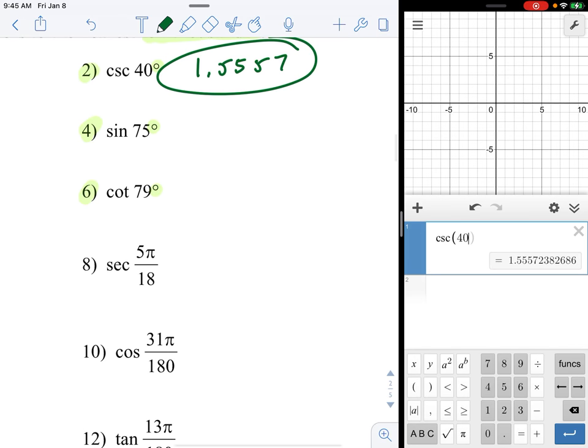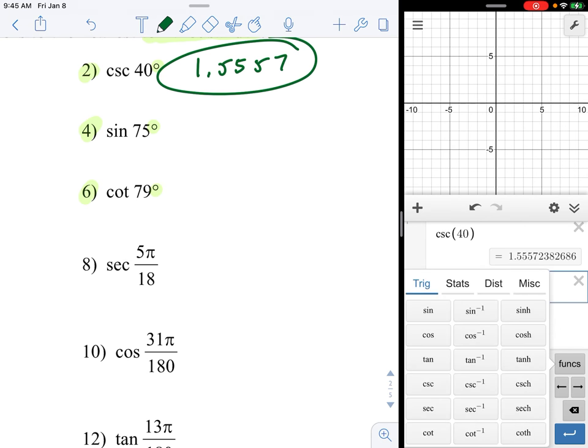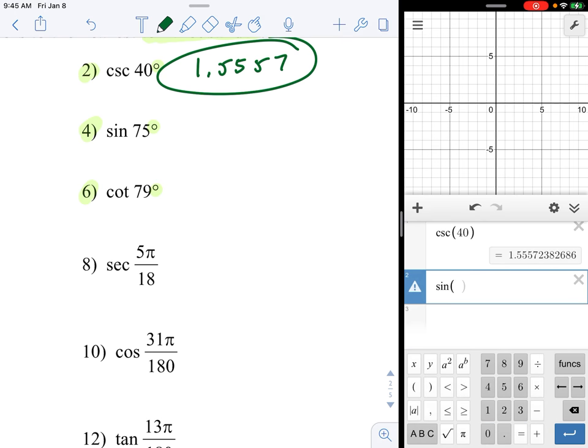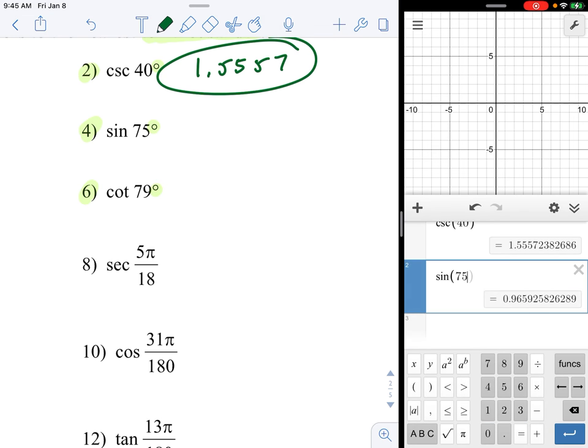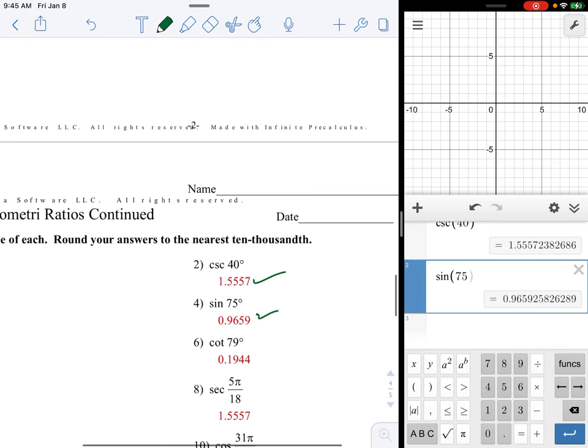This is basically training, and I'm training you how to use Desmos to do some trig. So, sine of 75. Function, hit the sine button, 75, 0.9659. That should be the answer. And indeed it is.